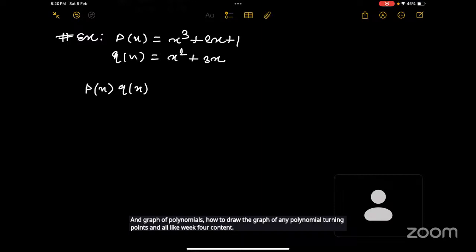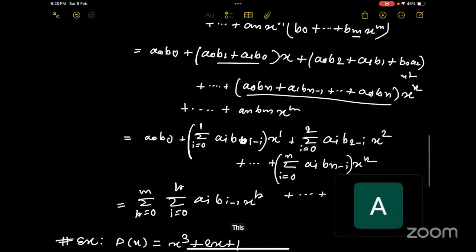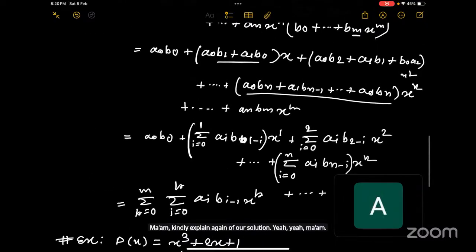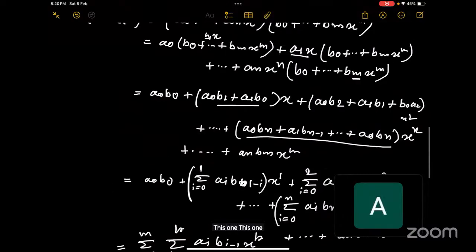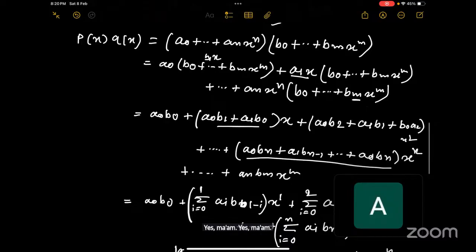Can you explain again the above solution? I couldn't hear it. Kindly explain again. This one, multiplication of polynomials. Okay, in which step do you have a problem?